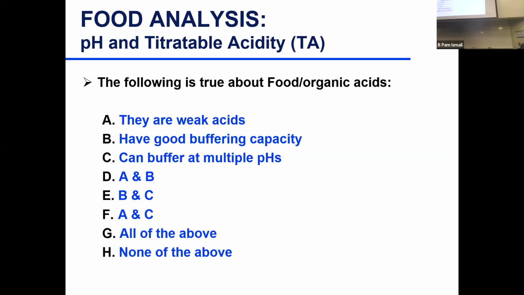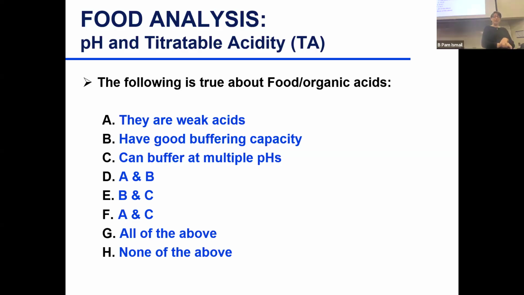Lactic acid, very good. There's one more, the main acid in grapes. Tartaric, yes. All right, these are the ones that you would hear most about: citric, ascorbic, acetic, lactic, malic, tartaric. Organic acids, very good.